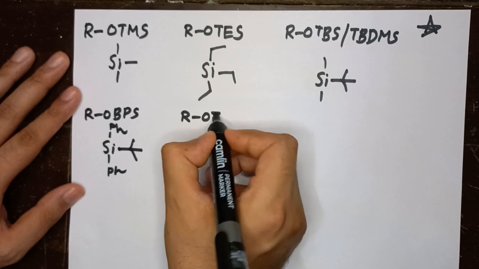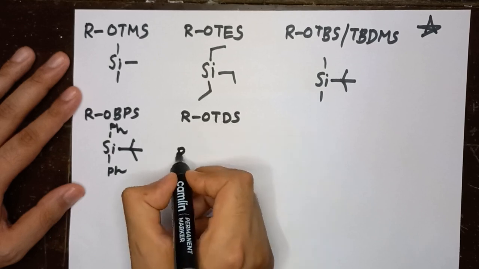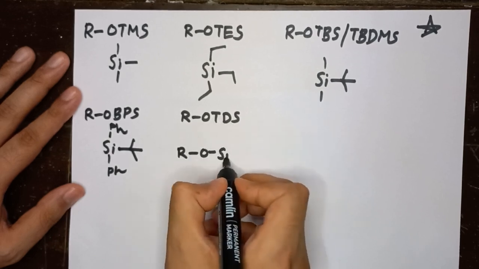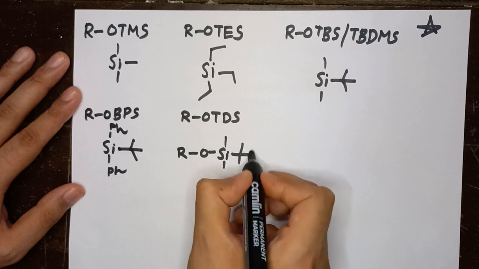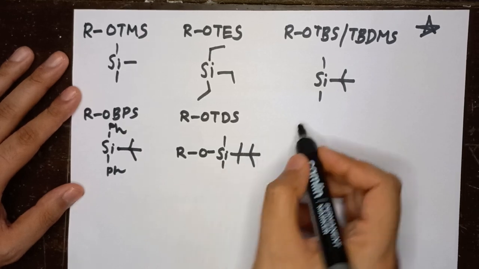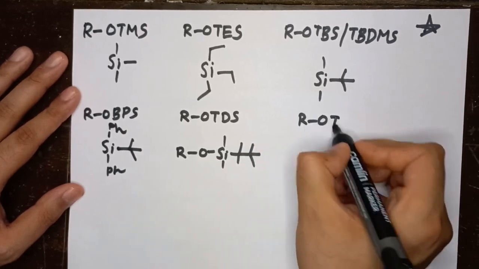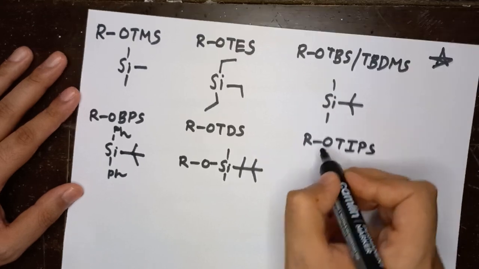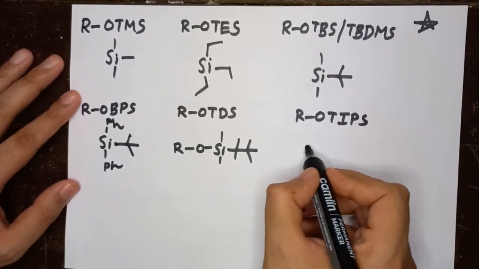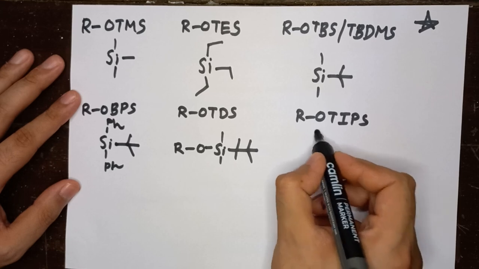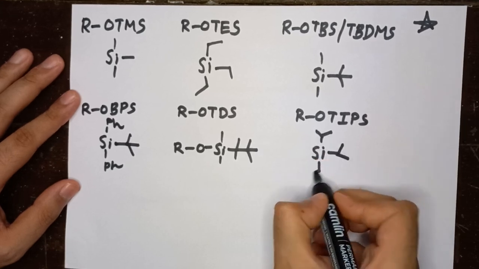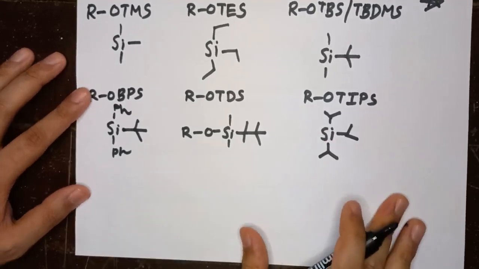We have ROTDS, which is this corresponding molecule. We have ROTIPS, which is nothing but three isopropyl groups. So what is the stability order?